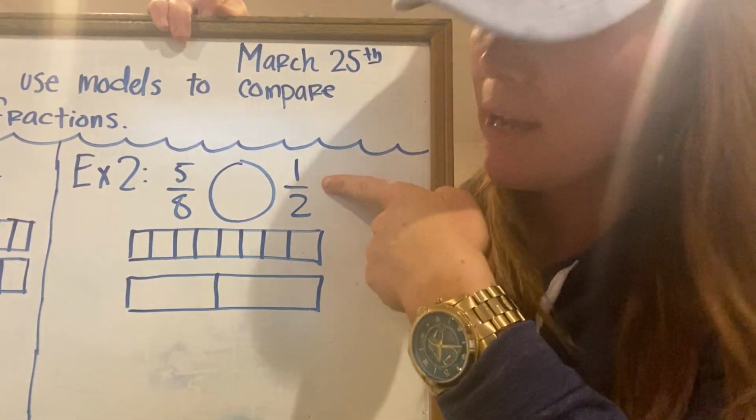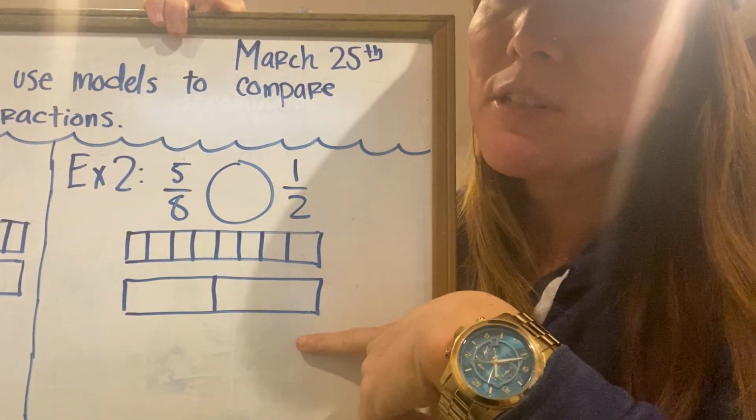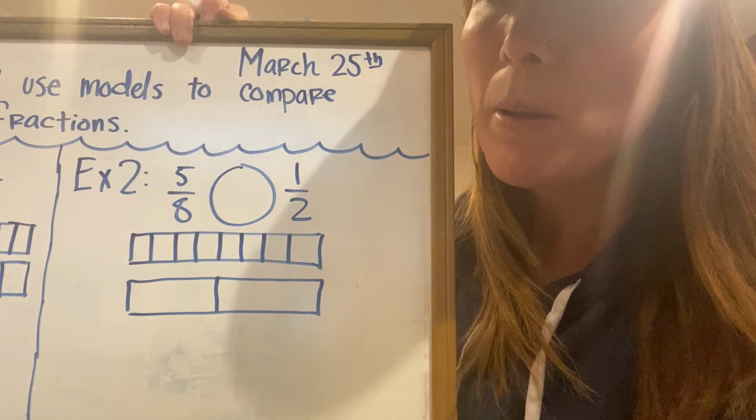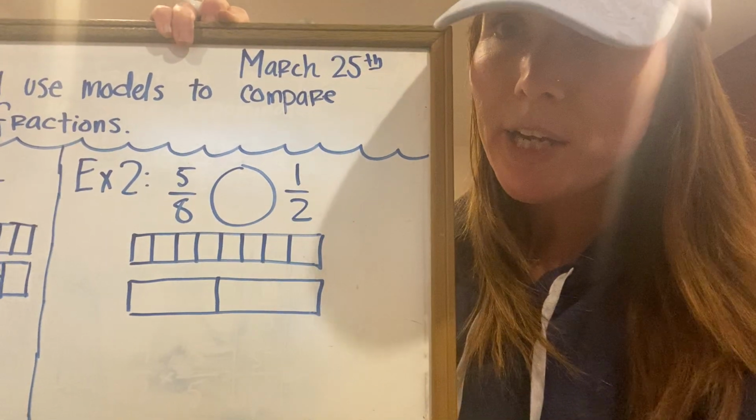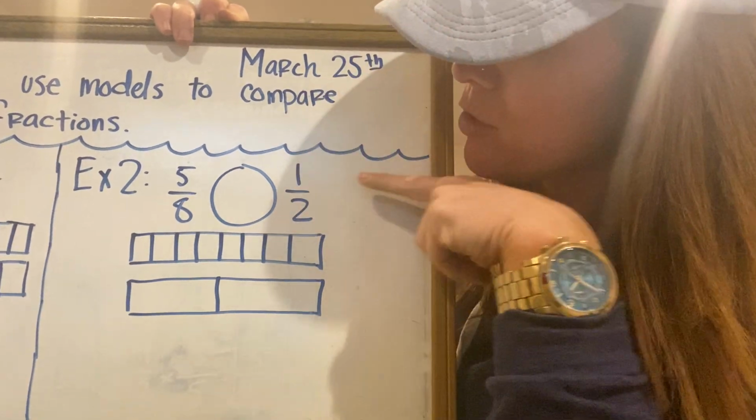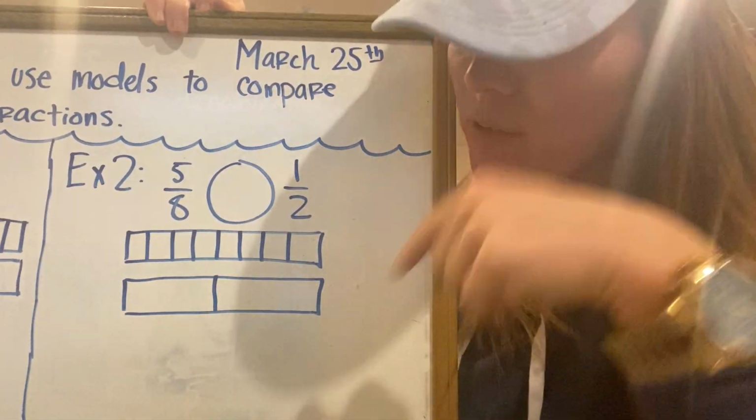Over here we have 1/2, and the bottom rectangle represents a half. We have a rectangle, we just cut it in half, okay? 2 pieces, 1, 2. Now I'm gonna shade 5 of the 8ths in the first one, and I'm gonna shade 1 of the 2 halves in the second one.